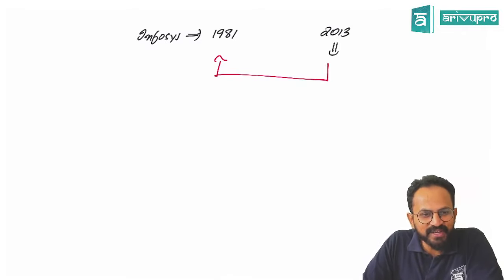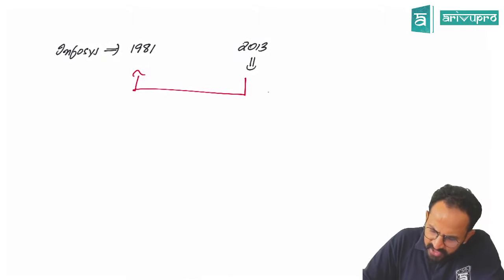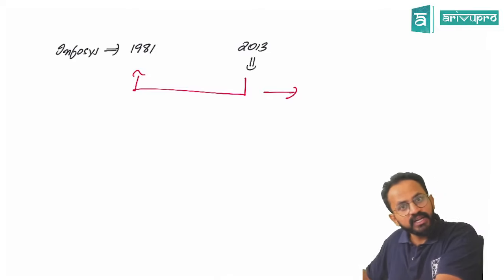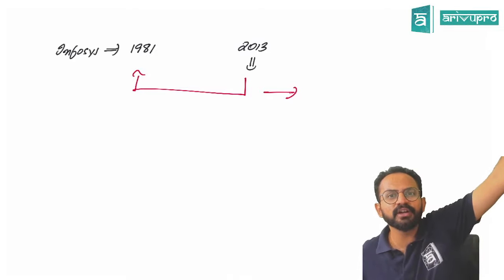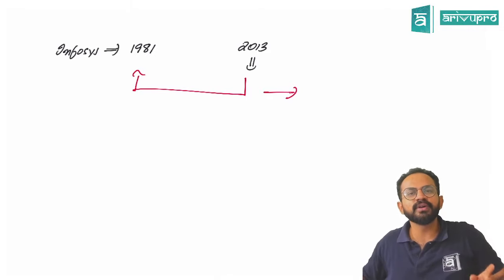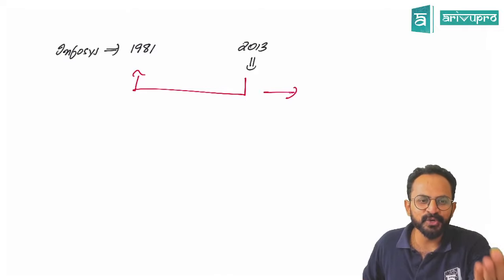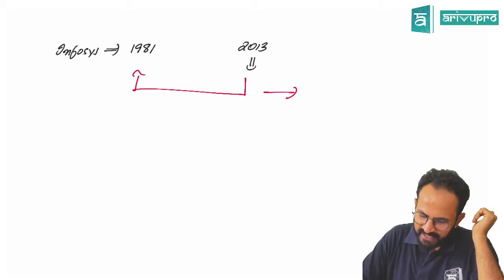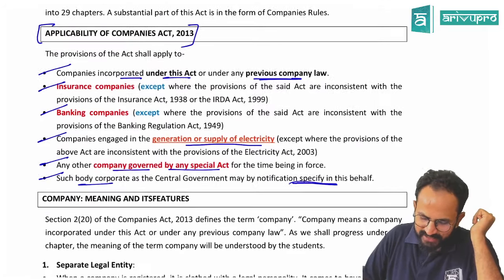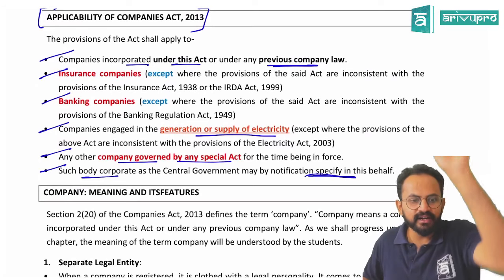So the law says the same thing: if there is any company incorporated after 2013 or even before, for both of them, the Companies Act 2013 is applicable. That is what the lawmakers have included. So all the companies are covered. You name the company, they are covered.